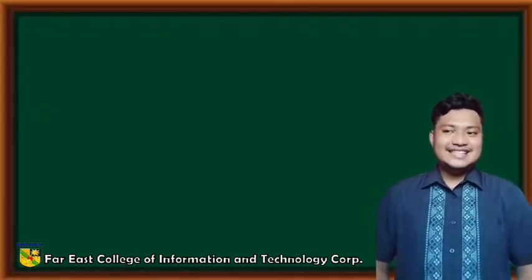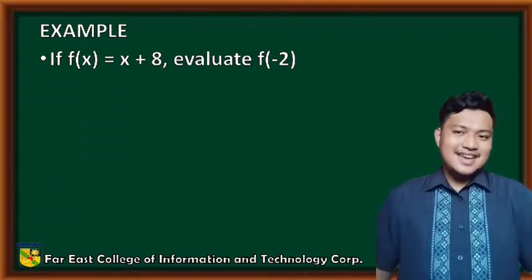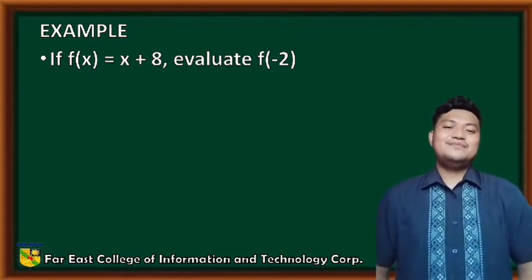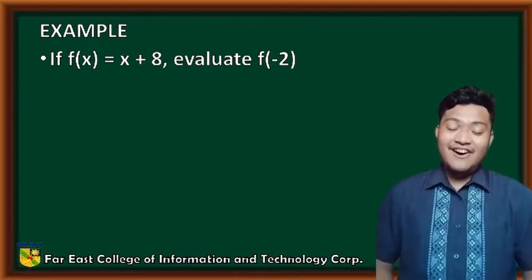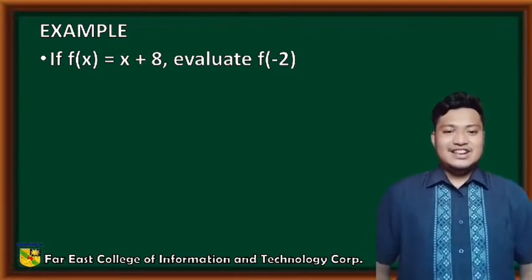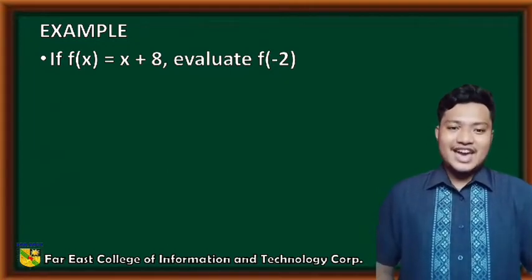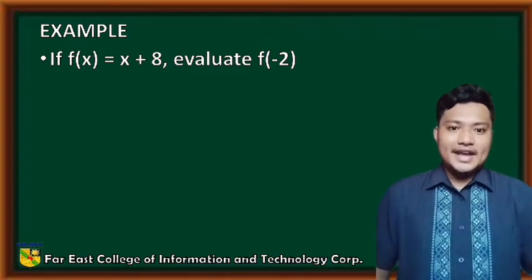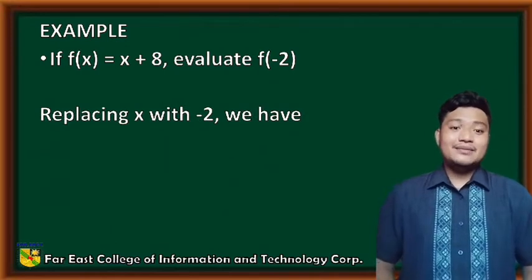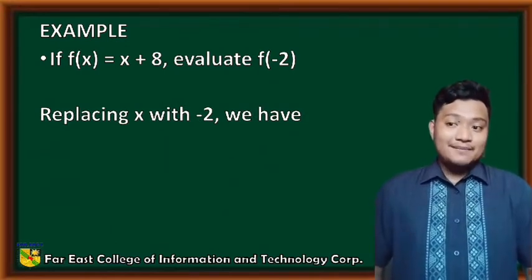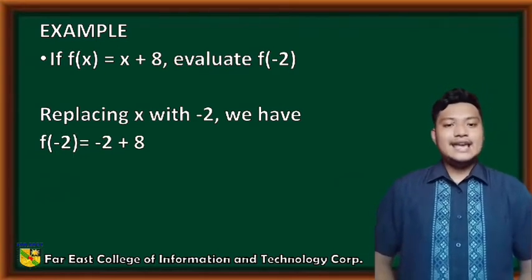Next example is, if f of x is equal to x plus 8, evaluate f of negative 2. So, applying the law of substitution. In the law of substitution, I repeat, we substitute the value of x to the given equation. So, replacing x with negative 2, we have f of negative 2 is equal to negative 2 plus 8.